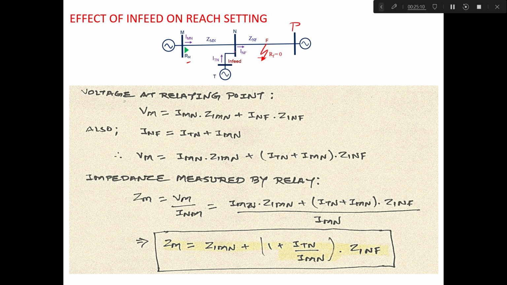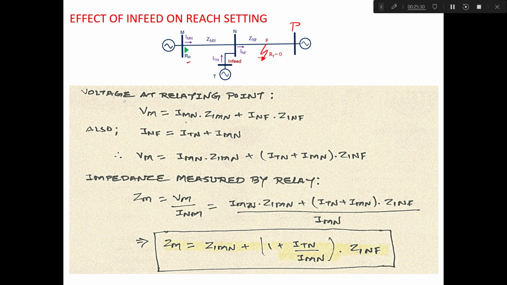Similarly, Itn from this source, and the impedance of line MN is Zmn. Impedance up to this fault point for the fault at F is Znf from this bus N. Now, what is the voltage at this relaying point? The voltage at this relaying point, that is Vm, is equal to Imn times Zmn plus Znf.